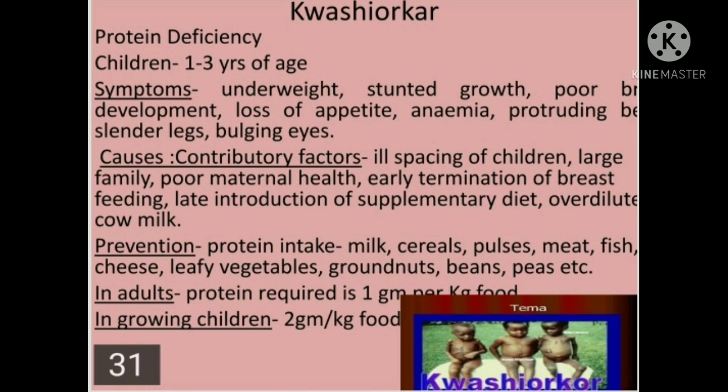Then causes. The causes, or you can say the contributing factors, mean the reasons because of which it occurs. So the cause of this disease is ill spacing of the children. Proper spacing of the children means between two children a good gap should be there, for example at least 2 to 3 years of age gap.